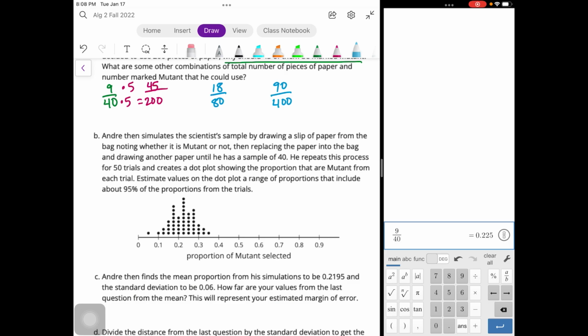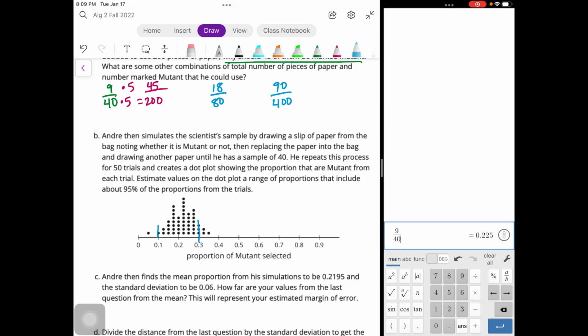So 95% of the trials would include about 43 of them. And so we are looking at about from 0.1 to about 0.3 in between those.